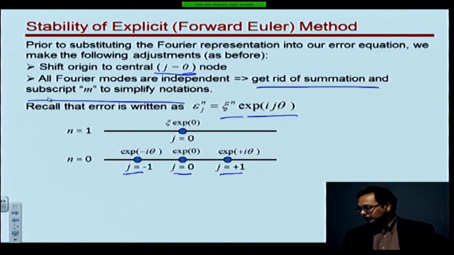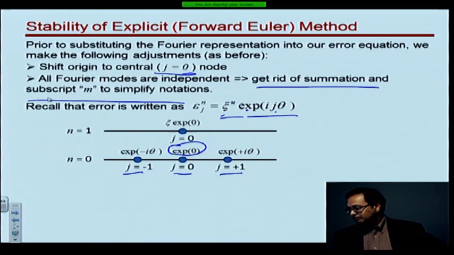Here I have xi to the power 0 times e to the power 0, which is e to the power 0. Xi to the power 0 is 1. Here I have e to the power plus I theta, because again I get 1 times e to the power plus I theta. And here I get e to the power minus I theta, 1 times that.